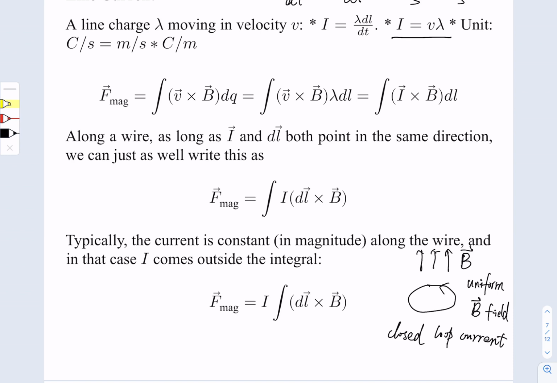So here the question is, what's the force felt by this closed loop current in a uniform magnetic field? And you actually already did this problem in 2041, so this is just a reminder.